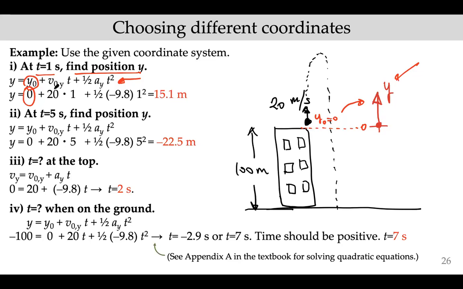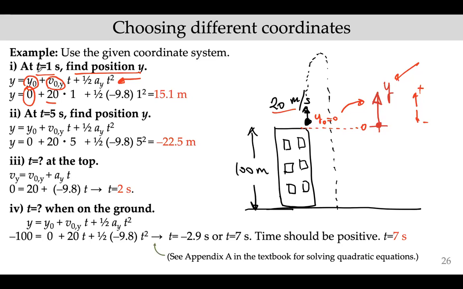What is the initial velocity? Now look at this. It's in the up direction and 20. Is the up direction positive or negative with respect to this coordinate system? Well, the up direction is positive, down direction is negative. So its magnitude is 20 and its sign with respect to this coordinate system is positive. So I'm going to use positive 20.